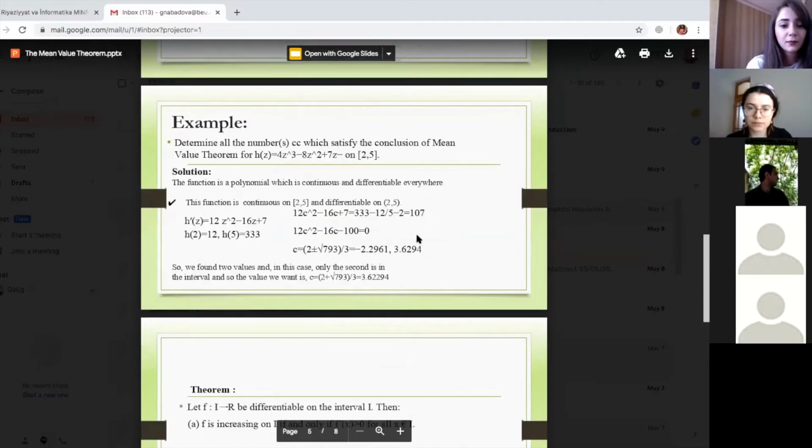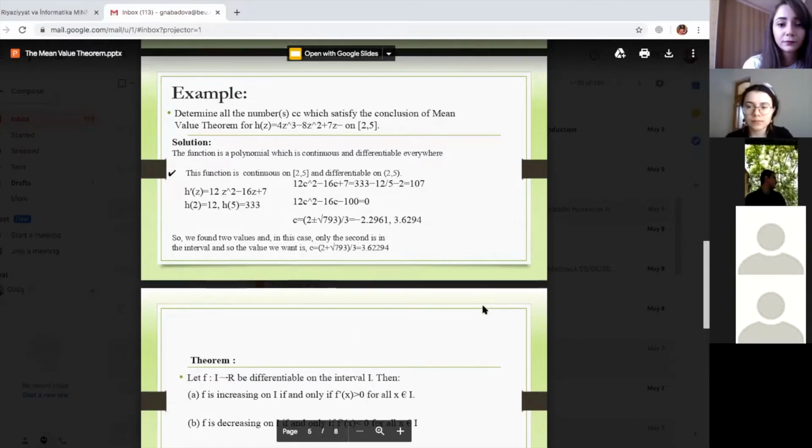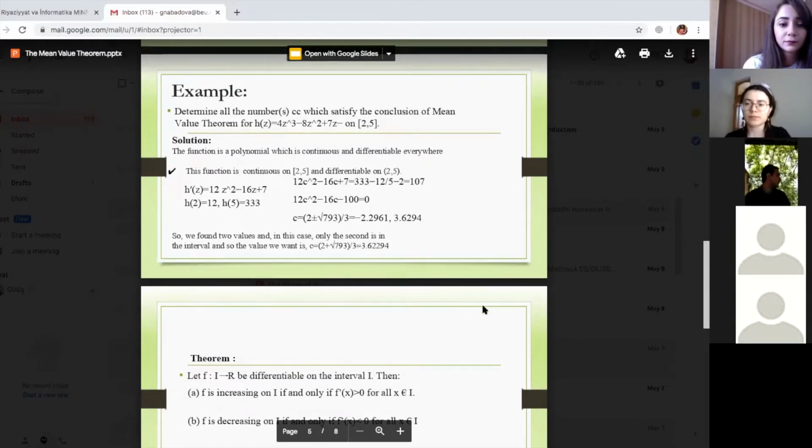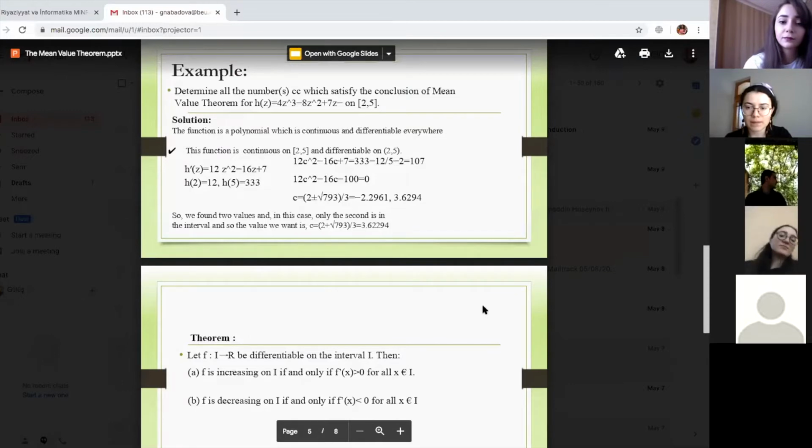For example, determine all the numbers c which satisfy the conclusion of the mean value theorem for this function on the interval [2, 5]. We know that our function must be continuous and differentiable, and we see that our function is continuous on the closed interval [2, 5] and differentiable on the open interval (2, 5).